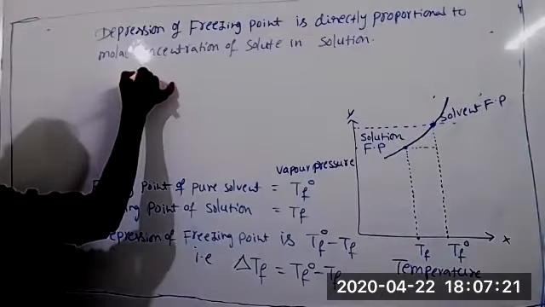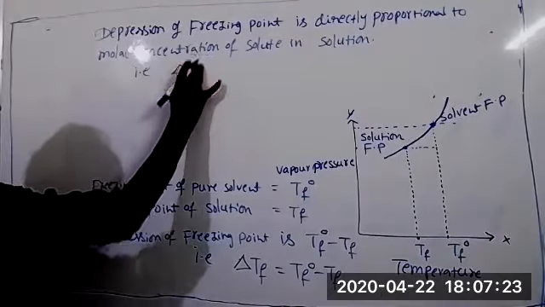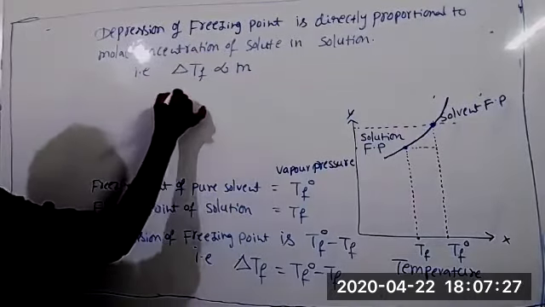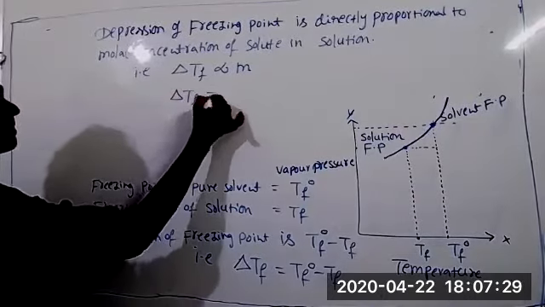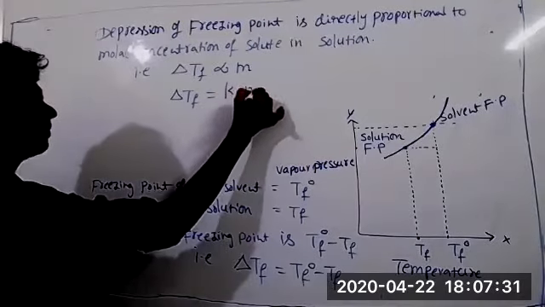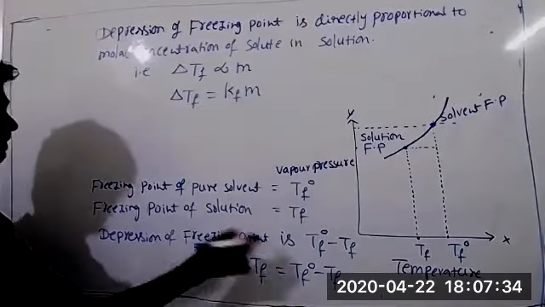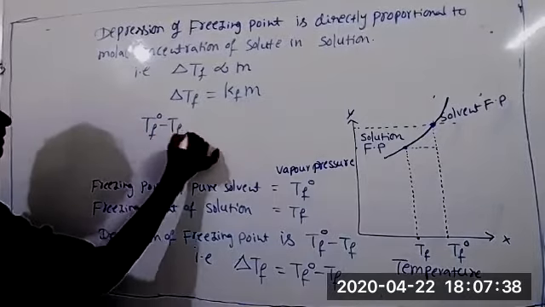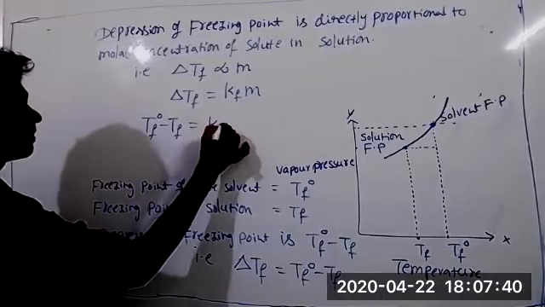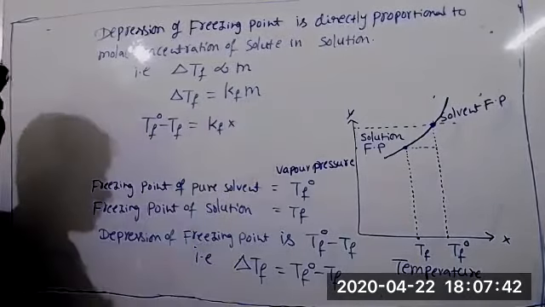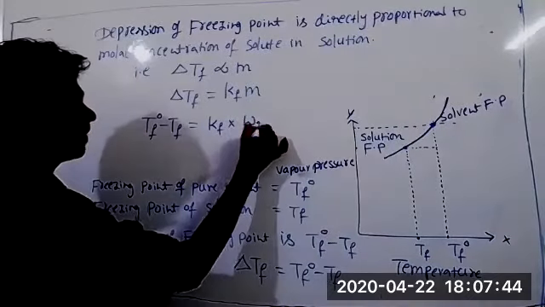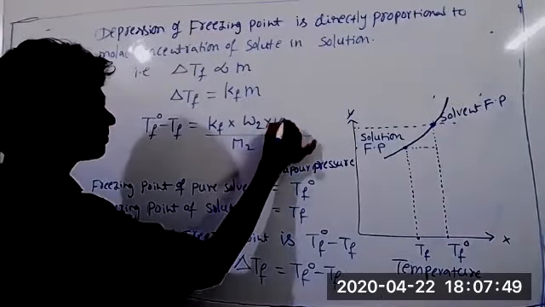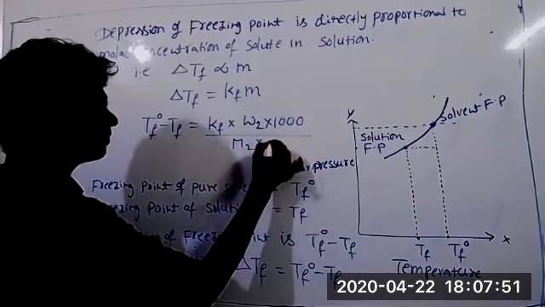So delta TF is directly proportional to m. Delta TF is equal to KF into m. Instead of delta TF, you may write TF0 minus TF is equal to KF into molality formula, W2 by M2 into 1000 by W1.